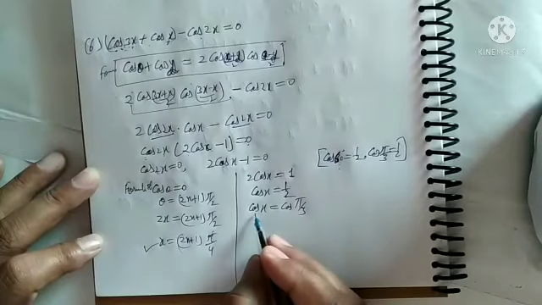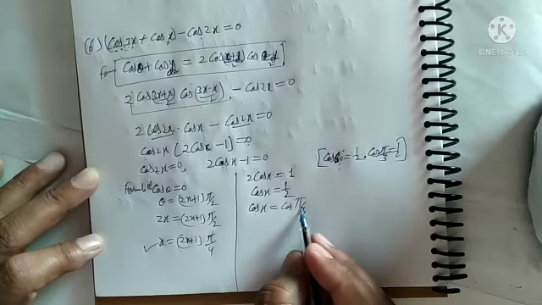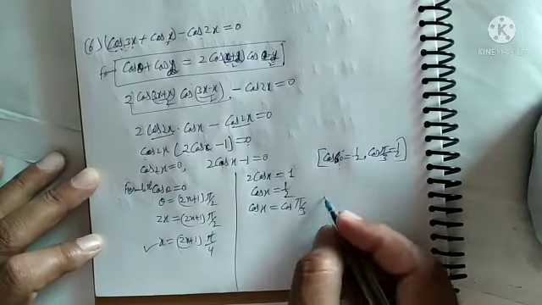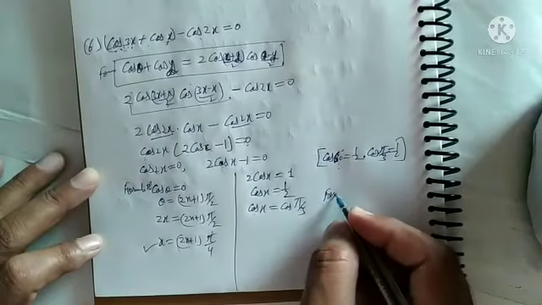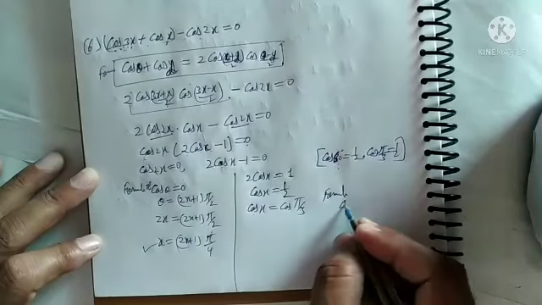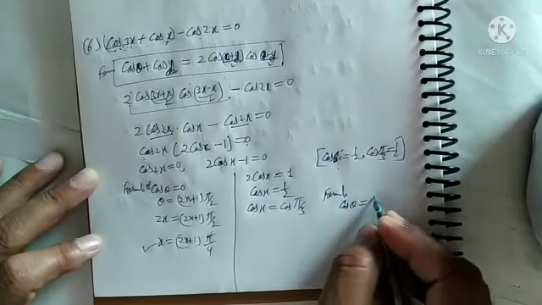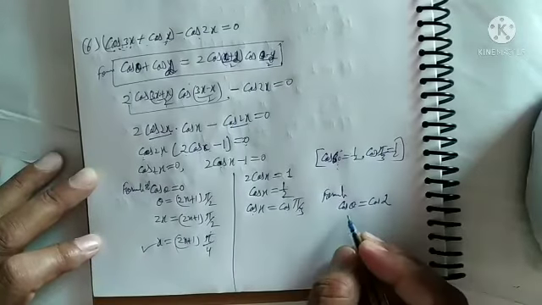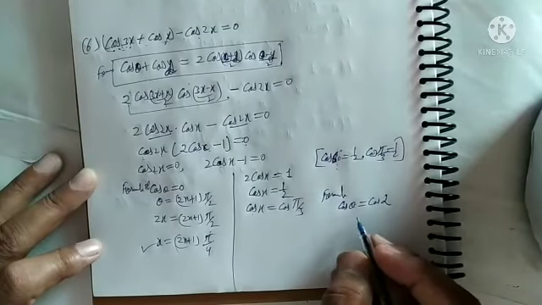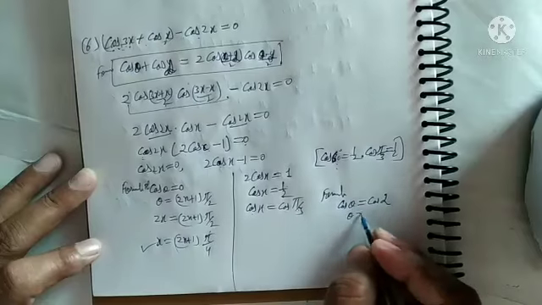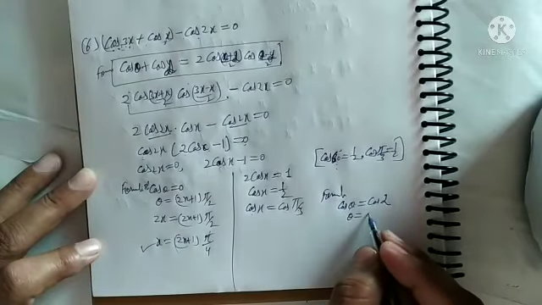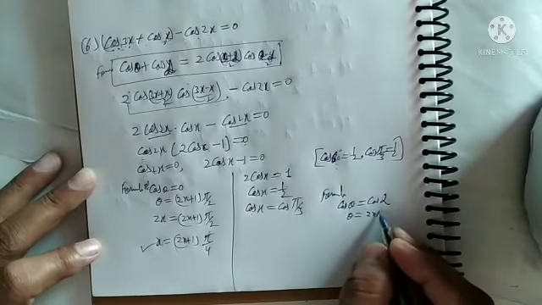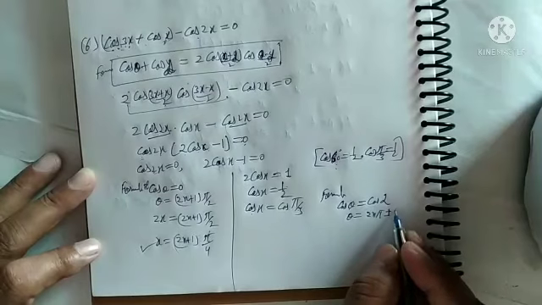Now we have cos x equal to cos pi upon 3. So which identity will apply? We will apply the formula: if cos theta is equal to cos alpha, then theta is equal to 2n pi plus or minus alpha.